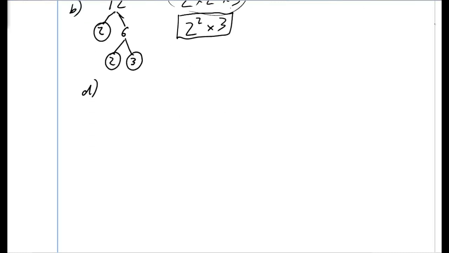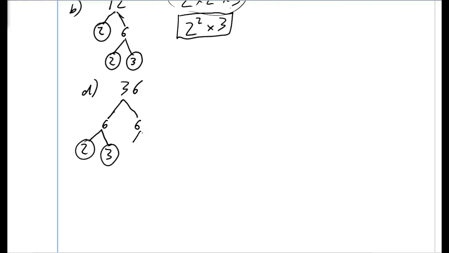Okay, let's have a look at D. If you want to show the prime factors and then show them as a product of its prime factors in index form, you write the number 36. Now, 6 sixes are 36, so you could go 6 times 6 is 36. However, we don't circle these because these aren't prime factors. So 6 can be broken down into 2 times 3. Now that's a prime number. That's a prime number.